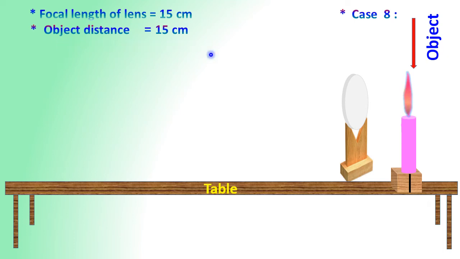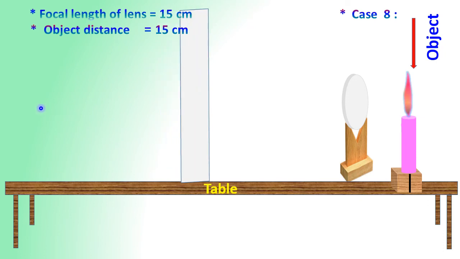We know that when the object is placed at the focal point, its image will be formed at infinity. Actually, the image is ambiguous, that is, unclear and imperceptible. In this case, we don't get the image on the screen.